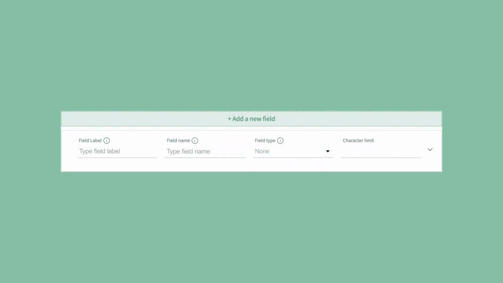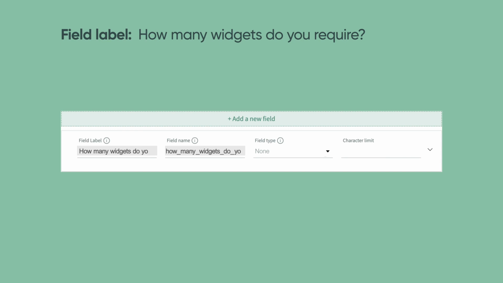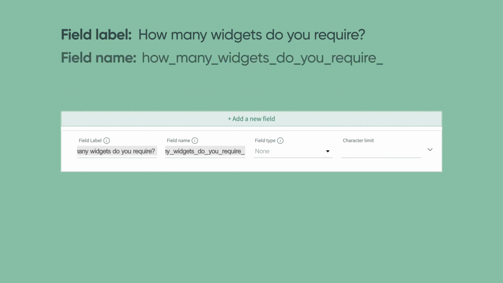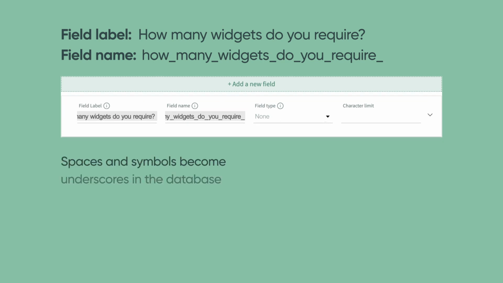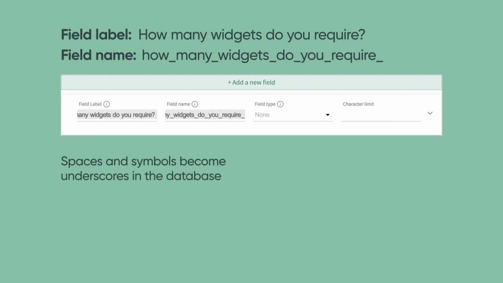Similarly, you can be tempted to build fields with verbose labels such as "How many widgets do you require?" This translates into a field named how_many_widgets_do_you_require_ because spaces and symbols become underscores in the database.